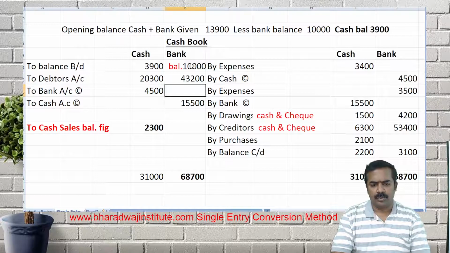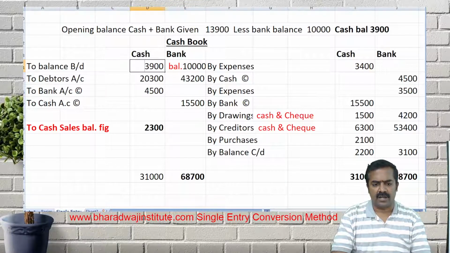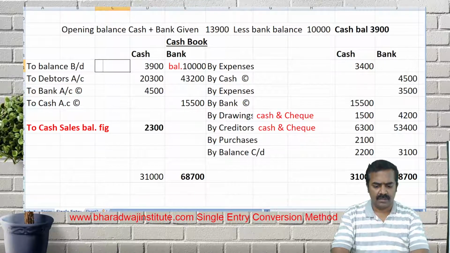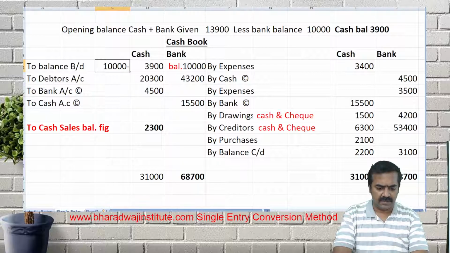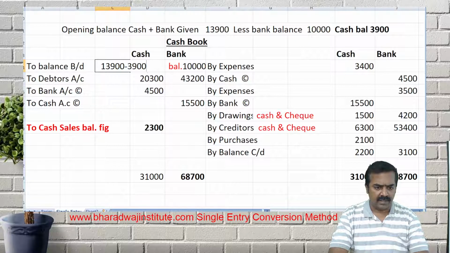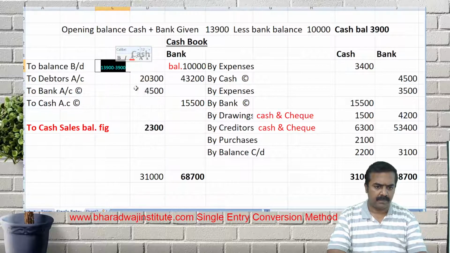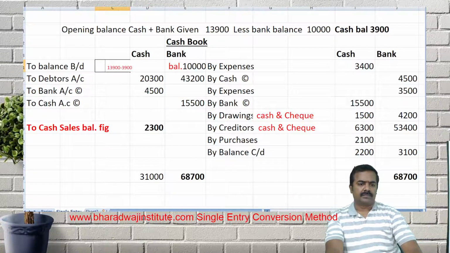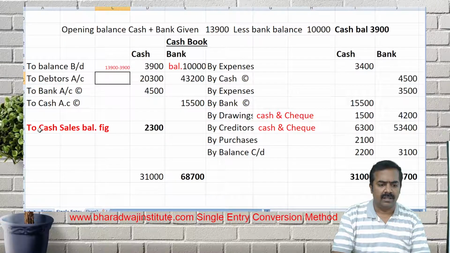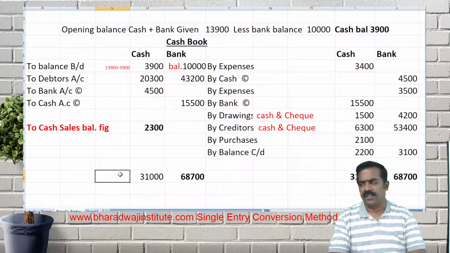So this 3,900 is nothing but 13,900 minus 10,000. We get cash balance as a balancing figure. Then cash sales we get as a balancing figure.